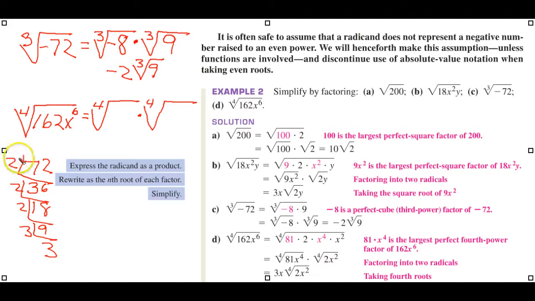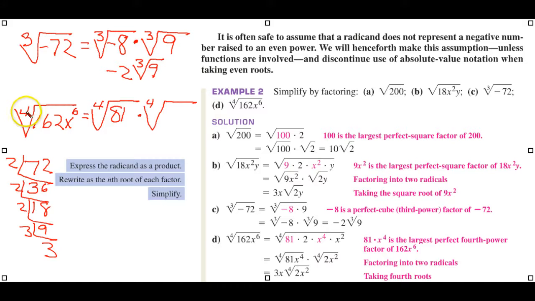And this would just be a way to figure it out if you didn't know these. And again, if you divide this by 2, you get 81, which is a perfect 4th power. Again, if you didn't know that, you might have to do this technique.